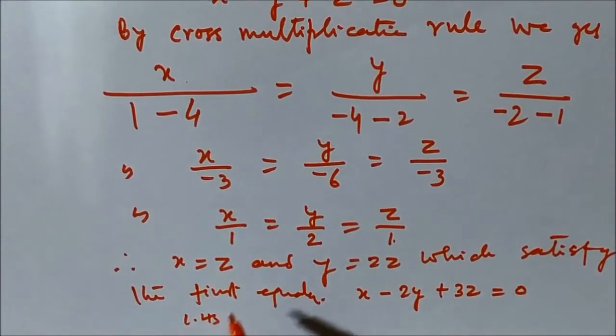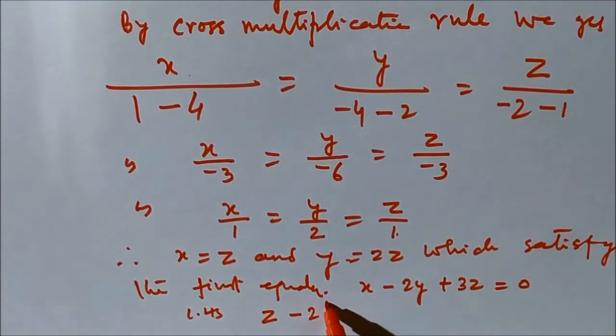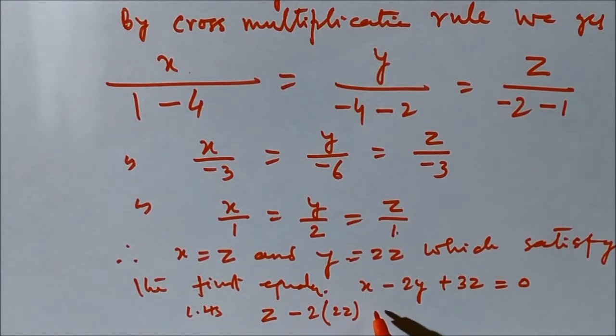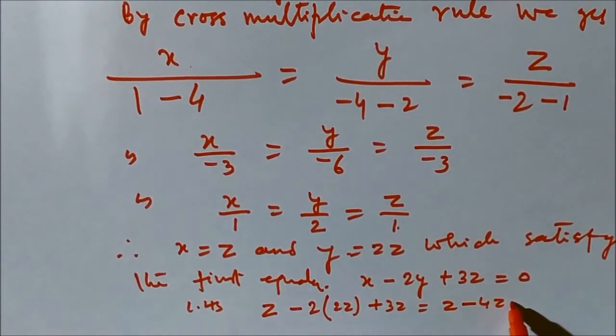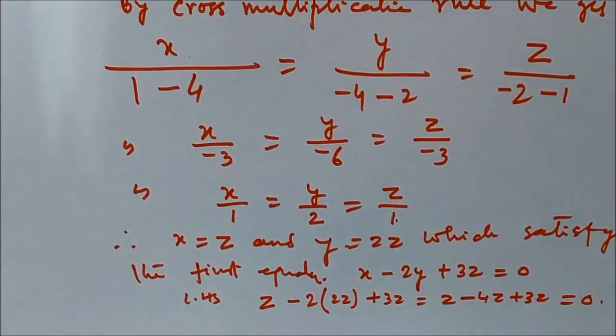Left hand side, with x equal to z and y equal to 2z: z minus 4z plus 3z, 4z minus 4z equals 0.